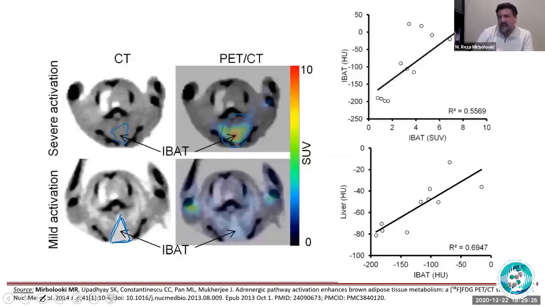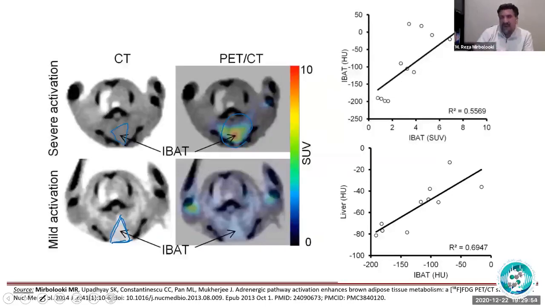Air is about -1000, and tissues usually 0 to about 50. Bones go to 1000, sometimes 2000 Hounsfield units. So if the Hounsfield unit moves from -150 to -50 or 0, this means we can translate that the fat is gone.